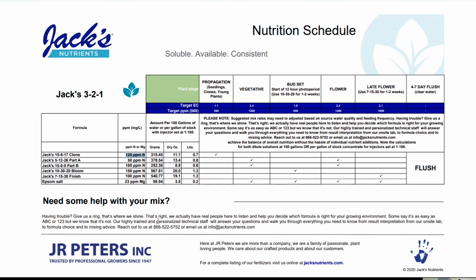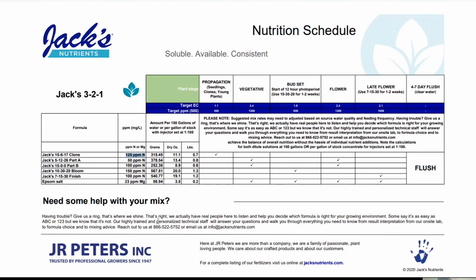And that will result in an EC of roughly 1.1, assuming that the source water EC is 0.0, which would be 550 parts per million on the 500 ppm scale. And if our source water has a 0.1 EC, does that change our target EC to 1.2? Yeah, essentially you would just be adding your source water EC to this reference EC.